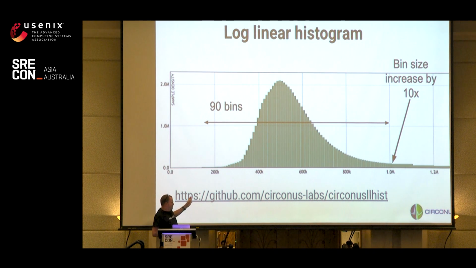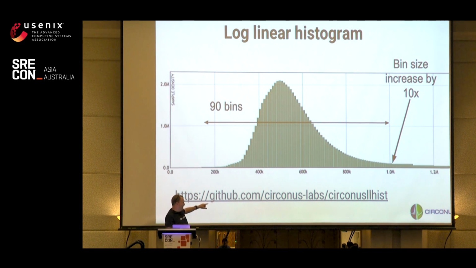Once we hit that factor of 10 at 1 million, we increase our bin size by a factor of 10. This allows us to have a fairly easy to implement histogram standard that scales and gives us statistically meaningful values at higher values and also at lower ranges as well.